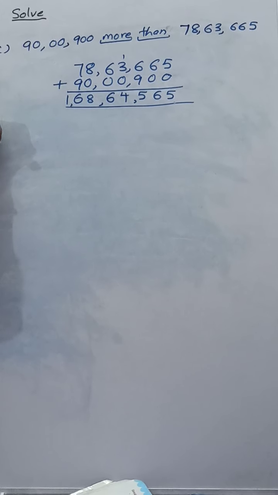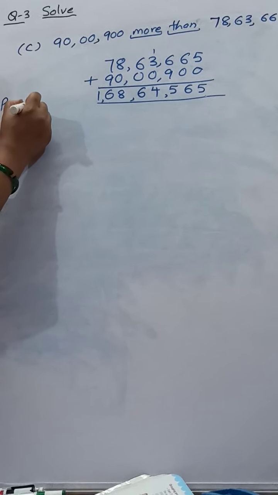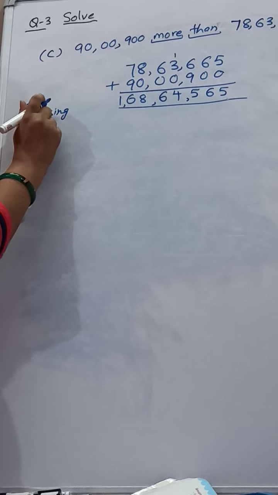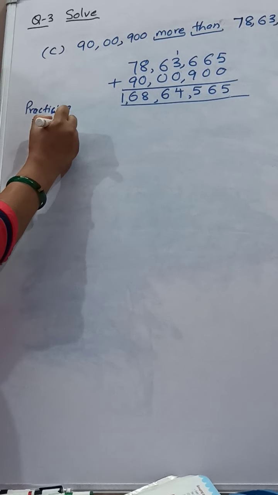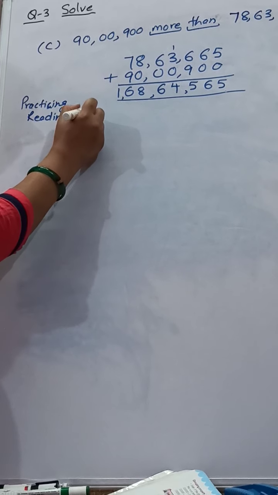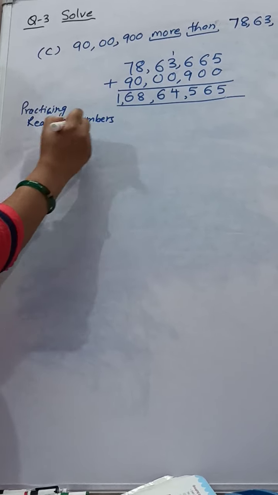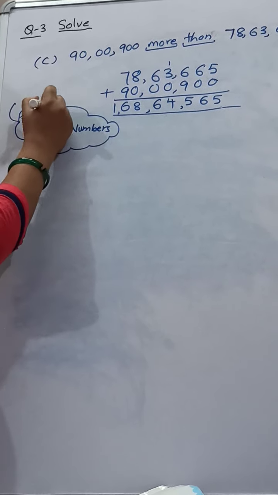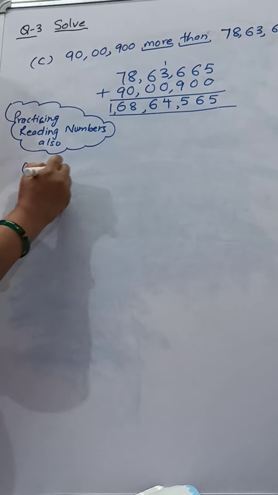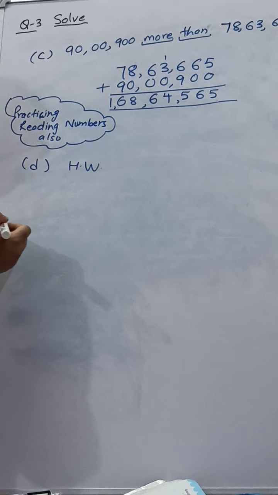So you should keep on practicing reading numbers also. This gives you practice for chapter 1 as well. So D part will be your homework.